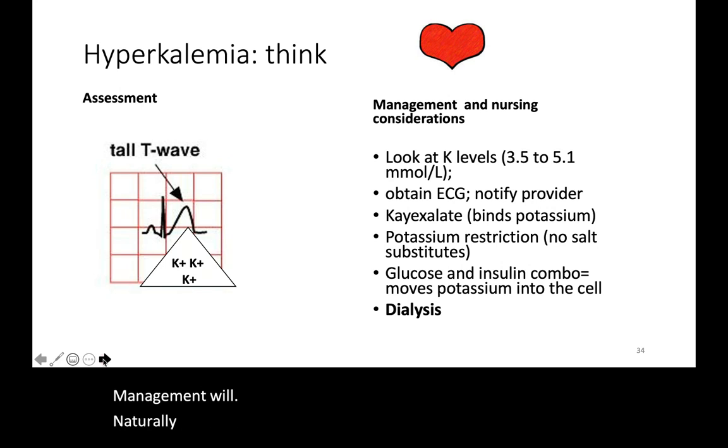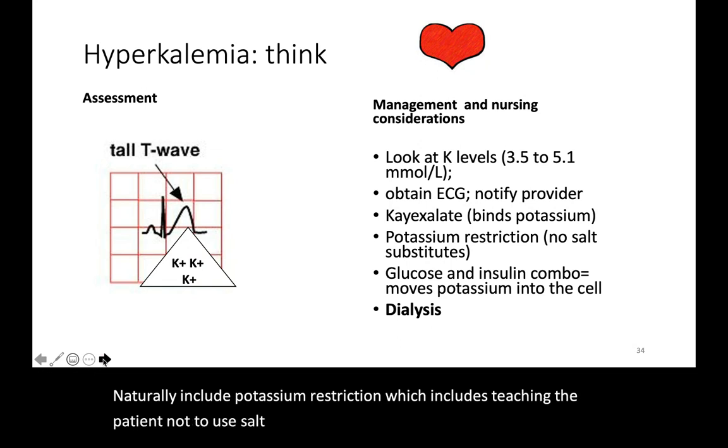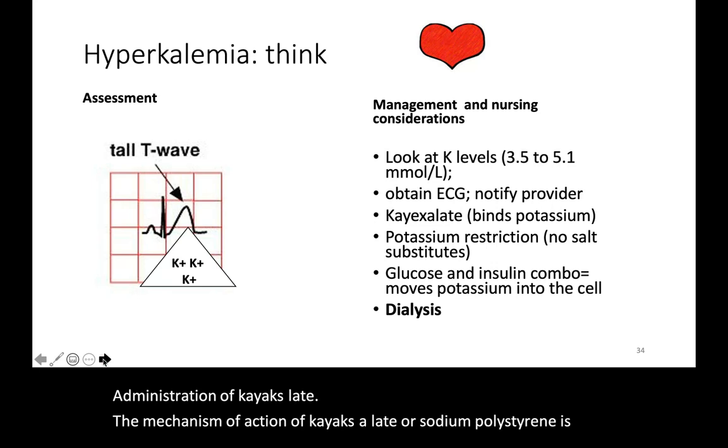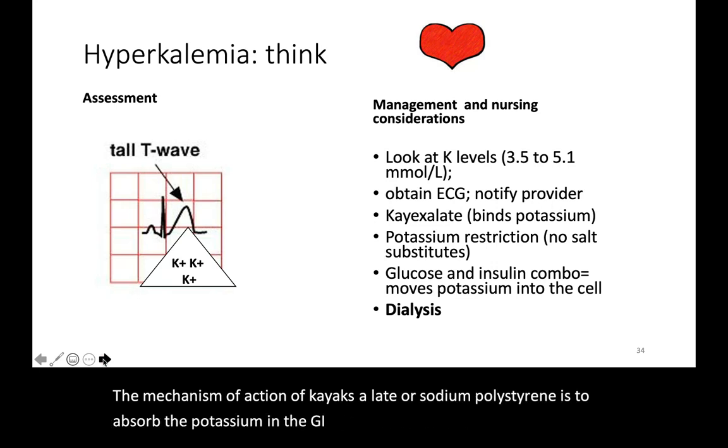naturally include potassium restriction, which includes teaching the patient not to use salt substitutes, administration of Kayexalate. The mechanism of action of Kayexalate or sodium polystyrene is to absorb the potassium in the GI tract and excrete the potassium in the stools.